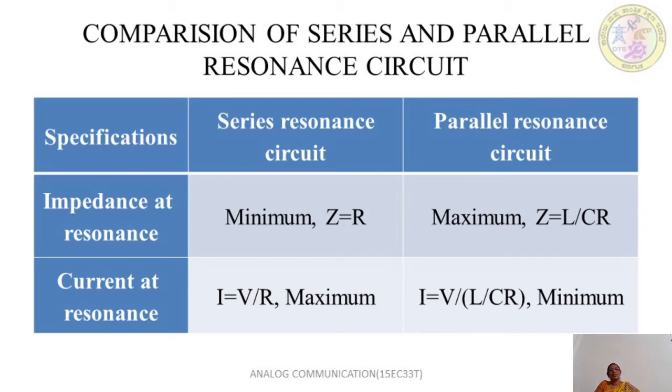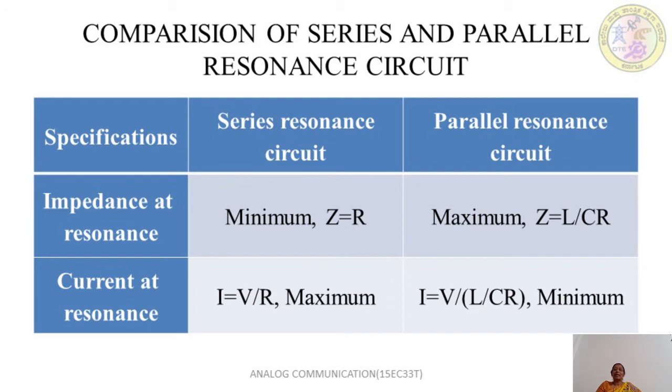While comparing, we are going to take the impedance at resonance. In series resonance circuit, the impedance is minimum, that is Z is equal to R. But in parallel resonance circuit, the impedance is maximum, Z is equal to L by CR.